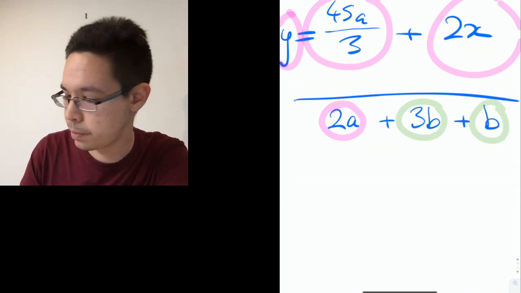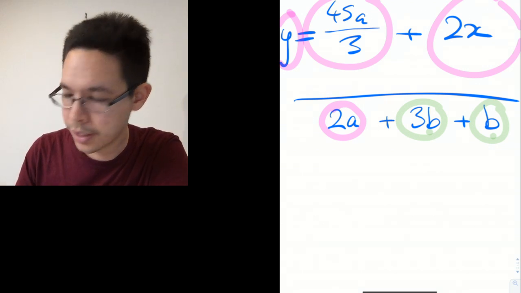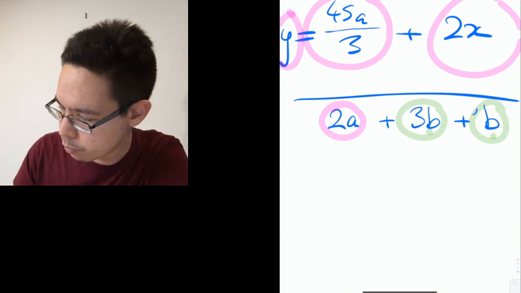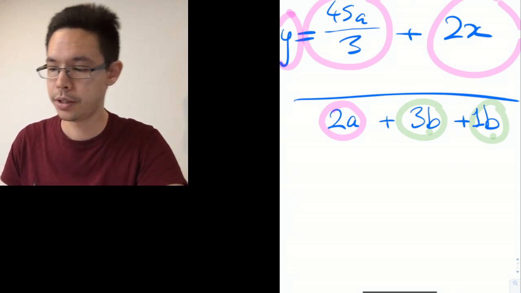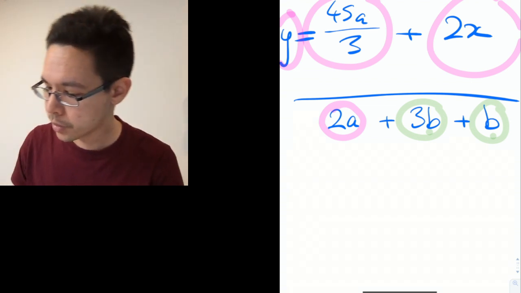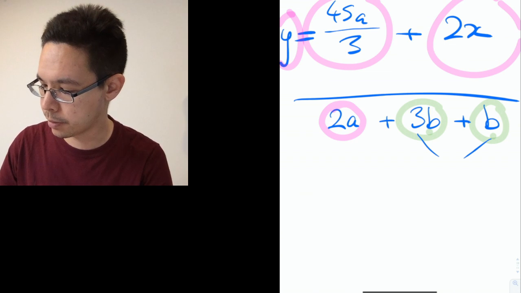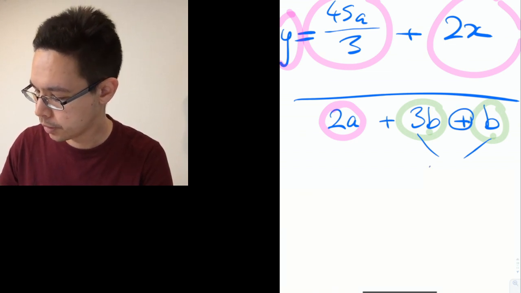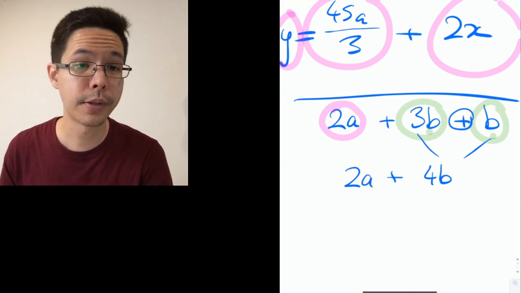See, this one here has the same letter b, and you might think, oh, it's not exactly the same. Well, there is actually a 1 in here, but we just generally don't write number 1s in front of everything. It just wastes a lot of time. So 3b and b, I can add those two numbers together by this symbol. So I'll get an answer of 4b, but 2a has nobody like him, and so he's all by himself and gets left alone.